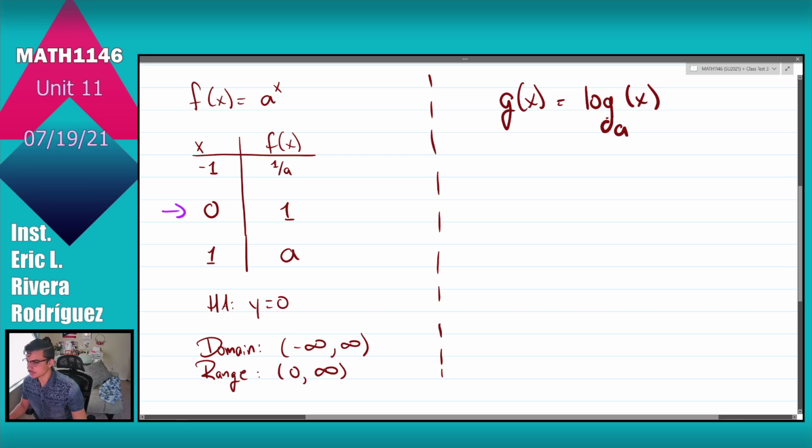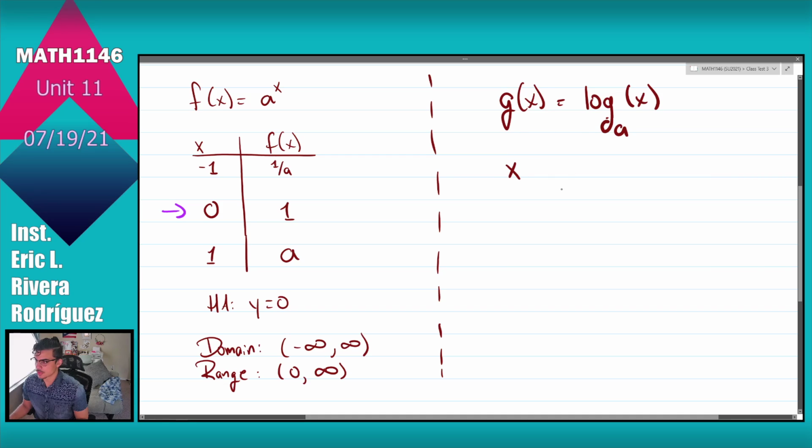We read this as g of x equals log base a of x. A little weird, but this is how we do it. You will see that the domain of the logarithmic function needs to be greater than 0, so all positive numbers.